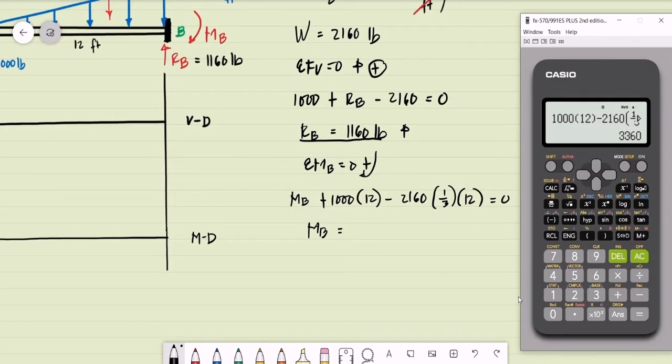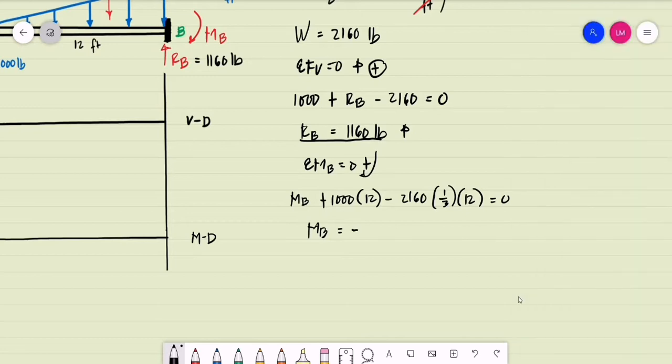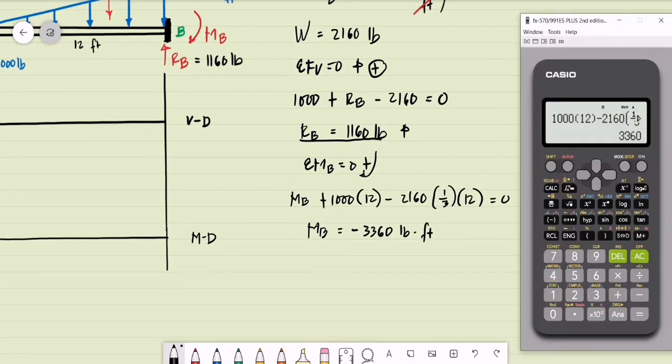That is 3,360, and it is positive. If we transpose this one, it will give us a negative 3,360 pounds foot.